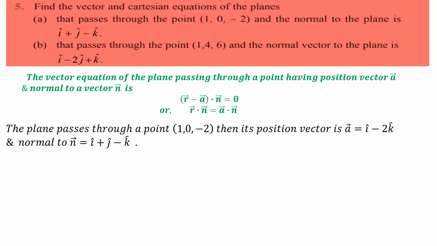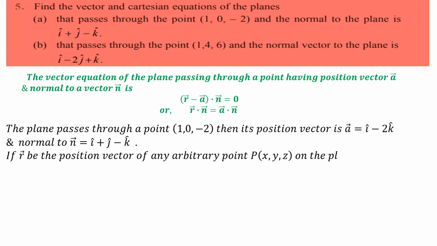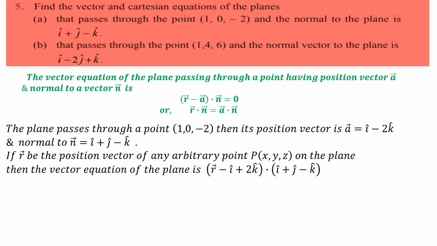Now vector r is the position vector of any arbitrary point P on the plane, which can be written as xi cap plus yj cap plus zk cap. I'm not mentioning this in the answer, but you can mention it also. So the vector equation is (r vector minus vector a).